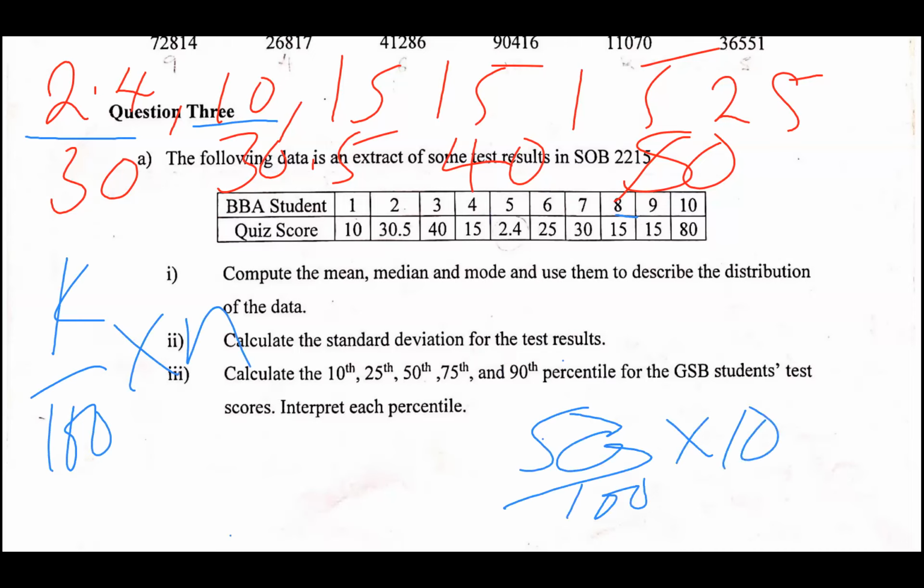What is the index? So 5, the fifth position: 1, 2, 3, 4, 5, it's 15. So 15.